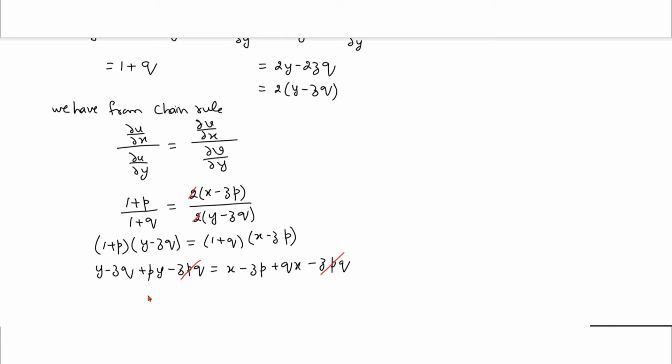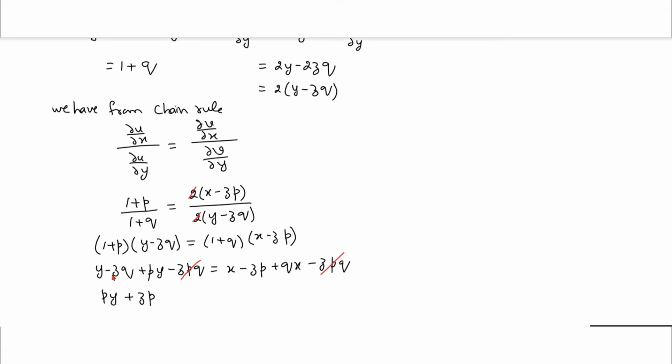So I'll just try to take p on one side and q on one side. If I rearrange this, I'll take this minus zp on this side. So I'll keep this py as it is. I'll take this minus zp on this side, it becomes plus z times p.